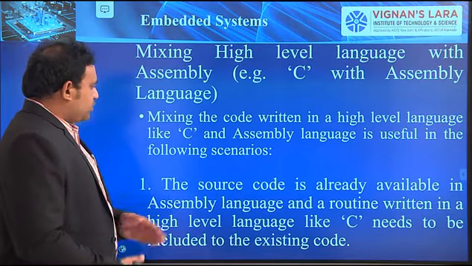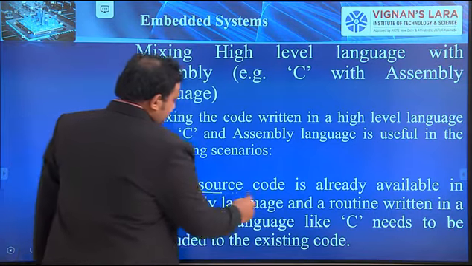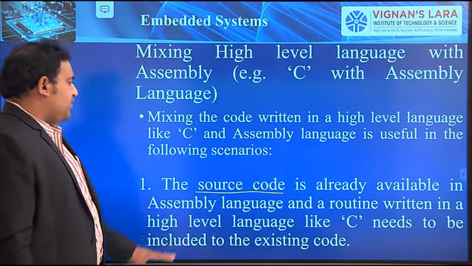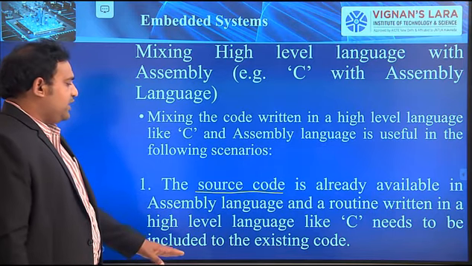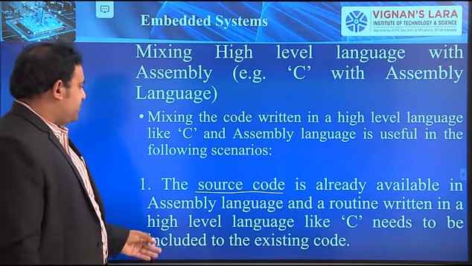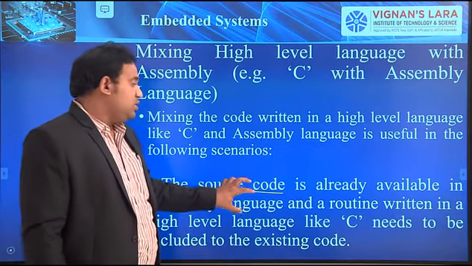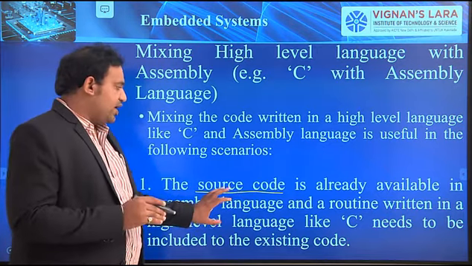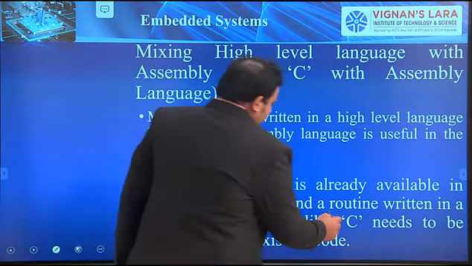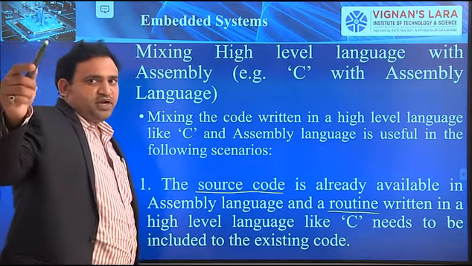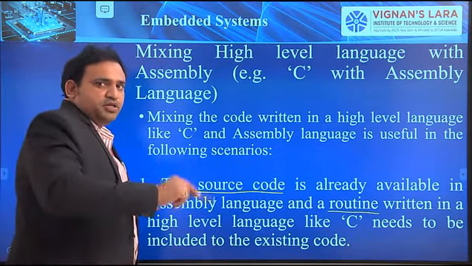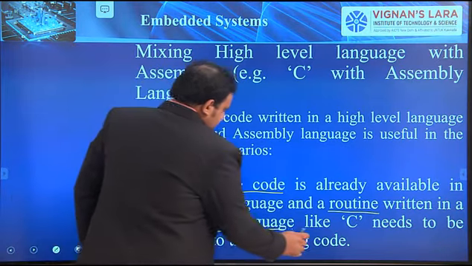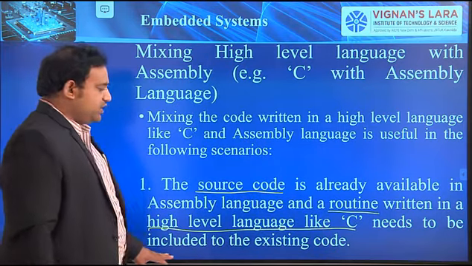Scenario 1. The source code is already available in assembly level language, and a routine written in a high level language like C needs to be included in the existing code.